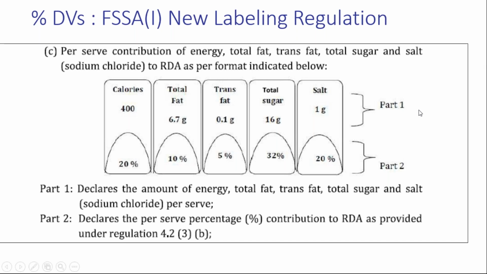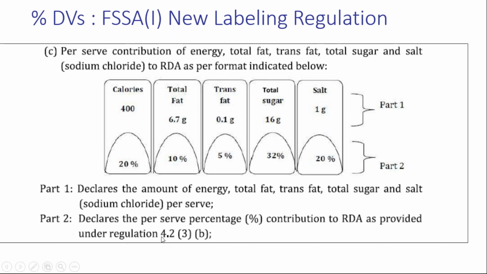This is a new regulation which is now out in the public domain for comments. Part 1 of it declares how much of each of these, that is the calories, total fat, trans fat, total sugar, and salt. These are based on what is called high fat, salt, and sugar, the 4 ingredients which are responsible for lifestyle diseases.